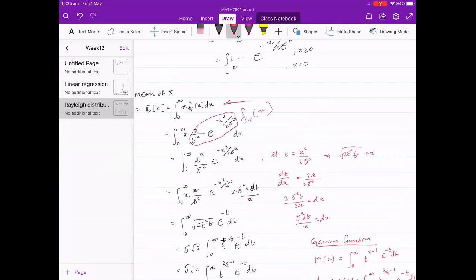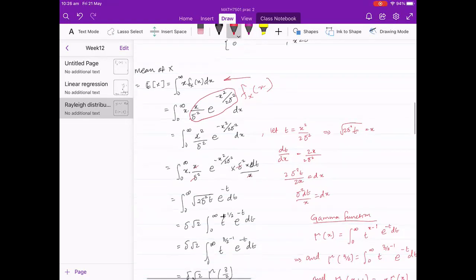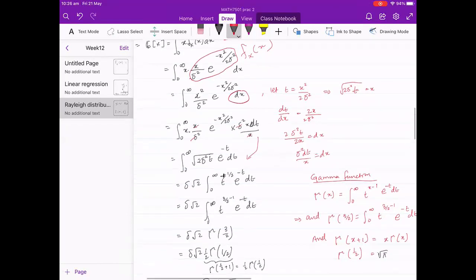And then I've said let t be x squared divided by 2 sigma squared, and then I get dx is sigma squared dt over x. Substituting that for dx, I've got only this part, from here to here, which is e to the power t times square root of 2 sigma squared t.